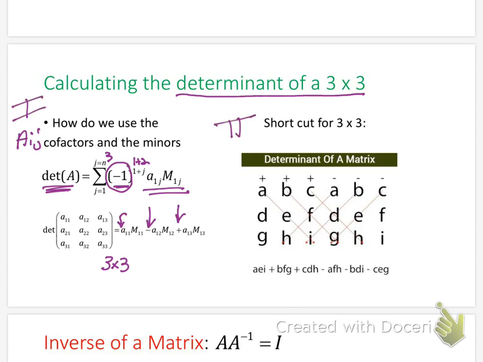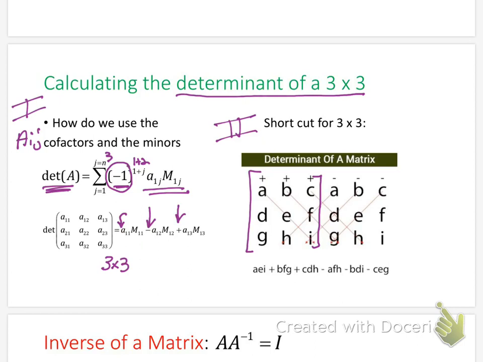Here is the second way, and many people like this way better. Okay, so what you do is you have this initial matrix. You then copy all of those elements so that your matrix looks twice as big.